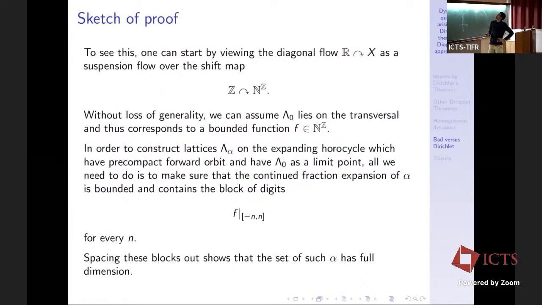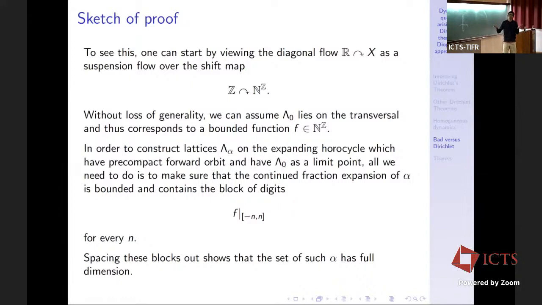Okay. And a sketch of the proof. You construct a transversal, a Poincaré section. You construct your favorite section for the geodesic flow on X. You have your desired limit point lambda naught. Without loss of generality, you assume it's on the section.